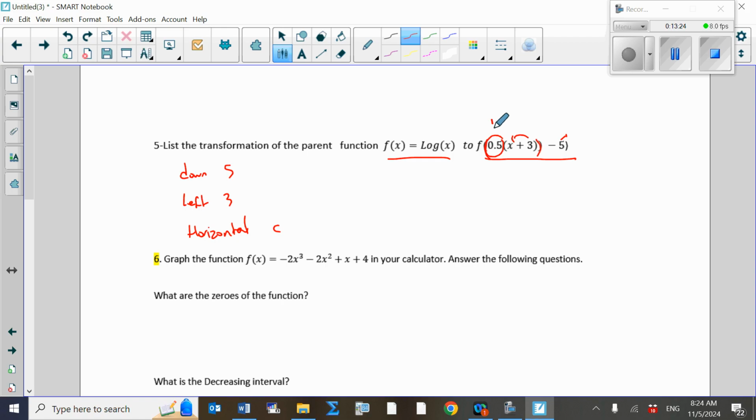So this is a stretch, although the number is less than 1, by the scale factor of 2, because 0.5 is basically 1/2, but we know that it's going to act opposite, so the scale factor will be 2/1. So the stretch will be by a factor of 2.